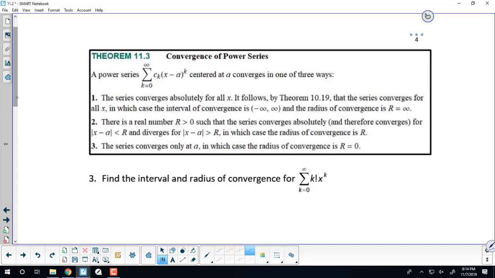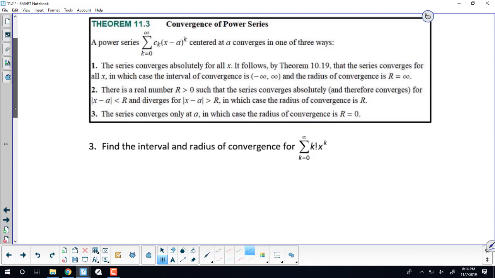Two, it's going to converge for some interval. Three, it converges only at a. It only converges for that one particular x value. So it's one or the other. It's not a combination of two or three. They're mutually exclusive.